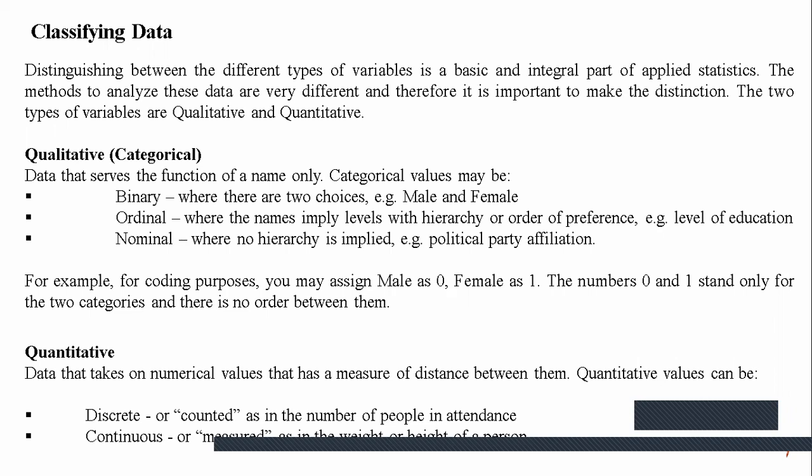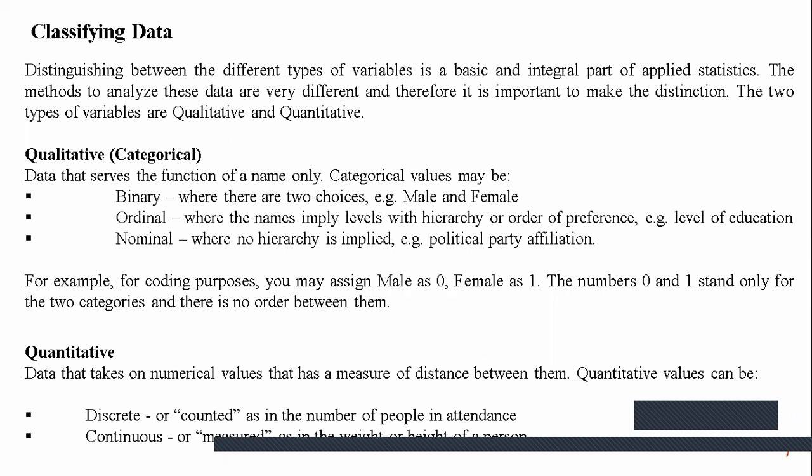For the ordinal categorical variables, such as sizes of a cloth, extra small, medium, large and extra large, that comes under ordinal. Though it is a categorical variable, we have an order.